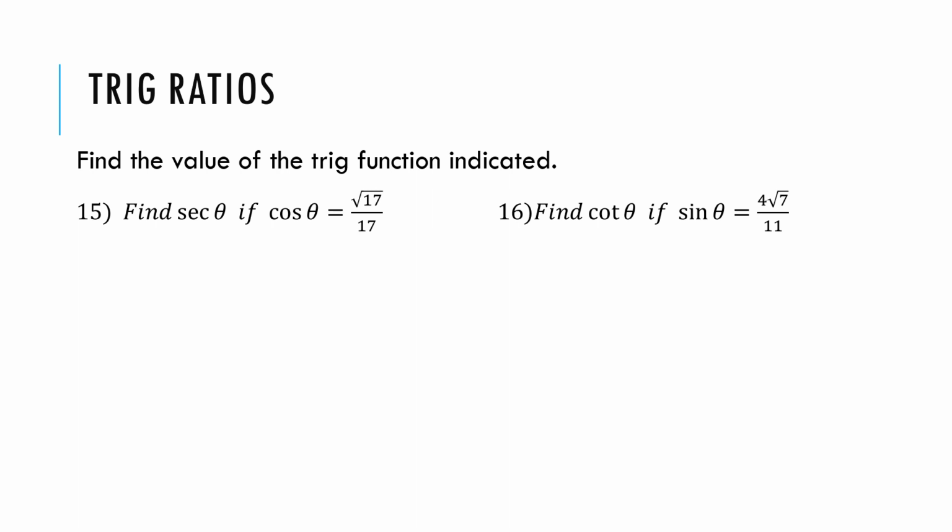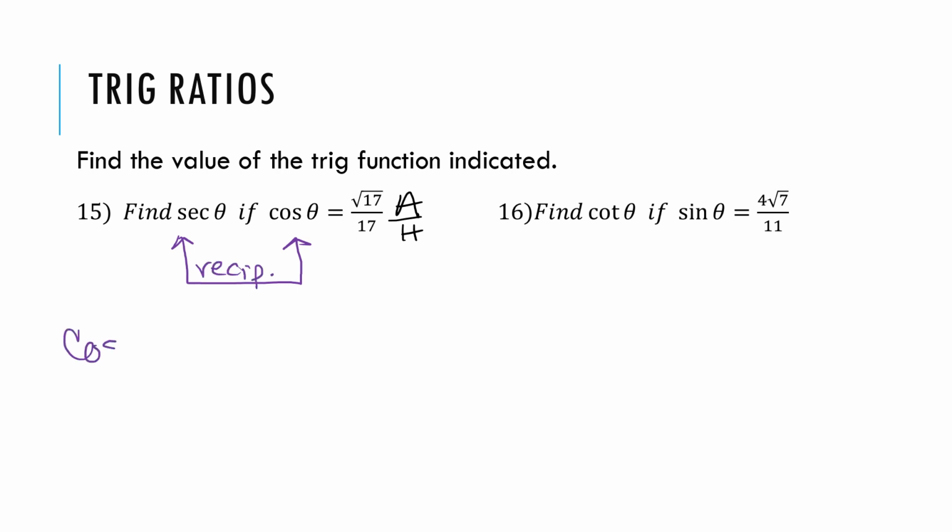Okay, so in number 15 we have find secant of theta if cosine of theta is the square root of 17 over 17. All right, if you remember that cosine is adjacent over hypotenuse, great, thumbs up, good job. The next thing is, did you also remember that secant and cosine are reciprocals?